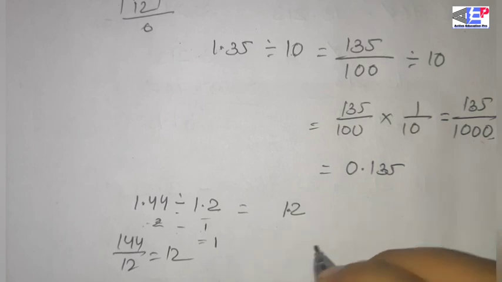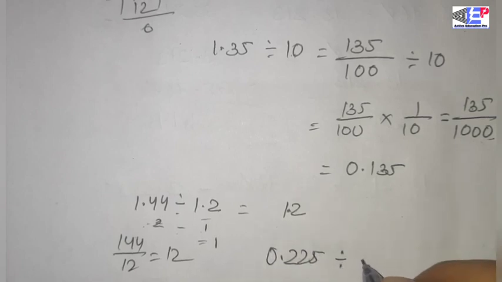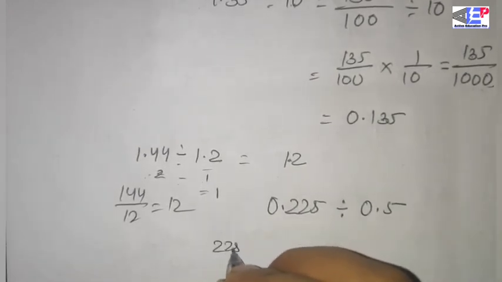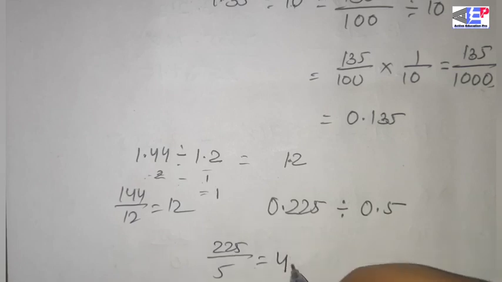Suppose another example is 0.225 divided by 0.5. Normally first you divide 225 by 5, which is 45. It's 45.